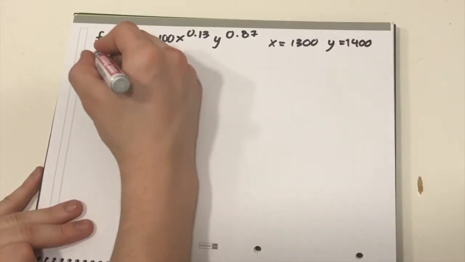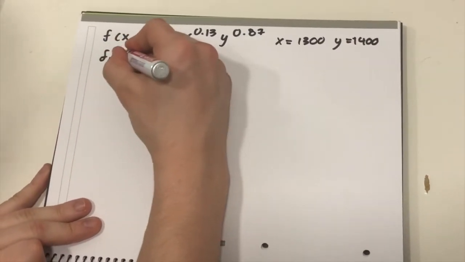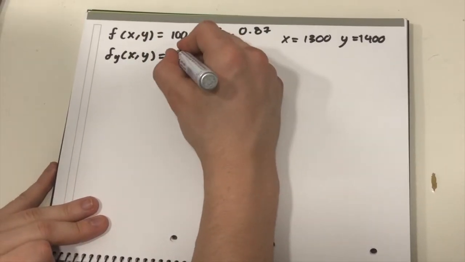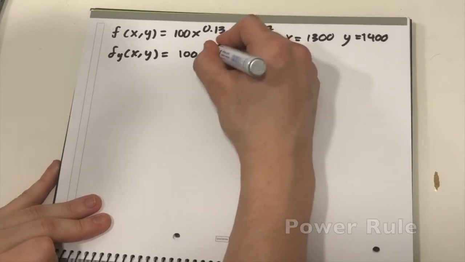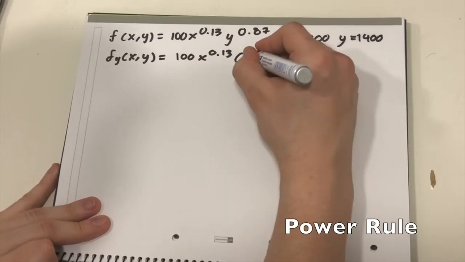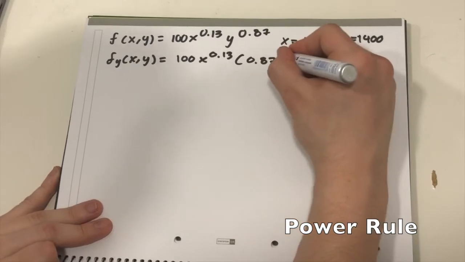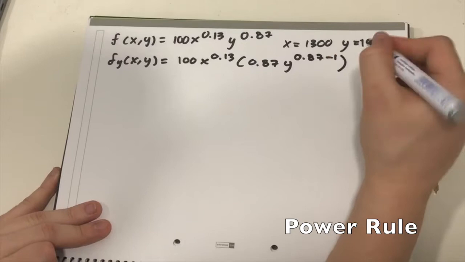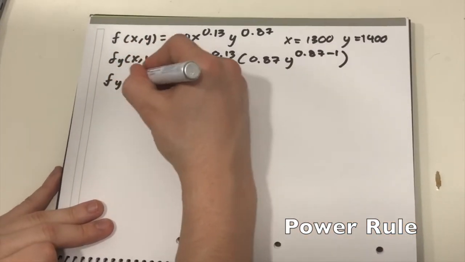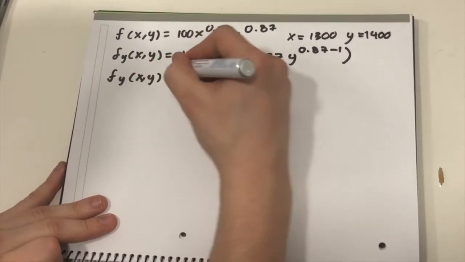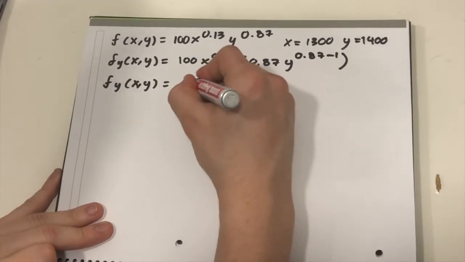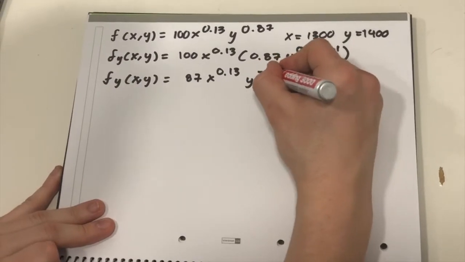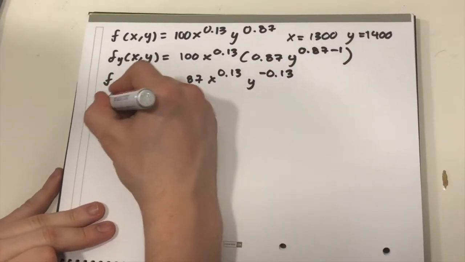So we need to find the partial derivative of the function with respect to y, which equals 100 and x to the power of 0.13, we open parentheses, times 0.87 times y to the power of 0.87 minus 1, which equals the partial derivative with respect to y, 87, times x to the power of 0.13 times y to the power of minus 0.13.